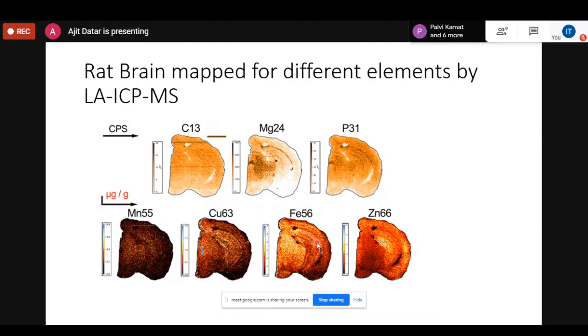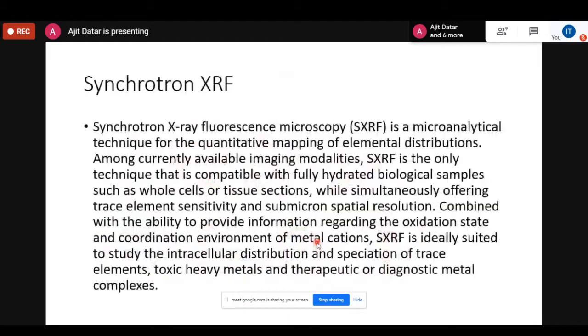Okay. So, well, I come to the last slide of my presentation probably. And this is a new technique which is going to be very useful for the new metallomics, because this technique can give you within the cell what is the valence state of a particular element.